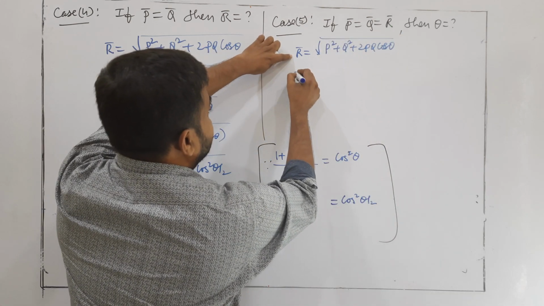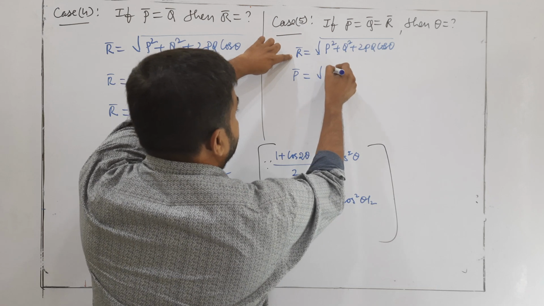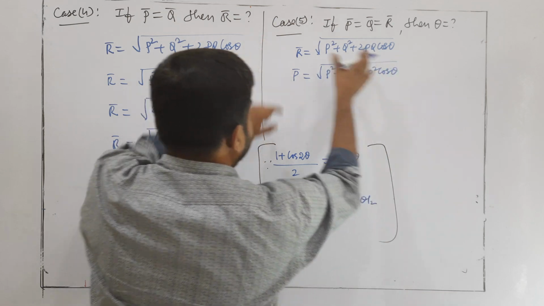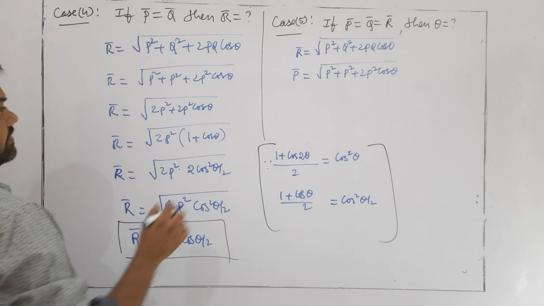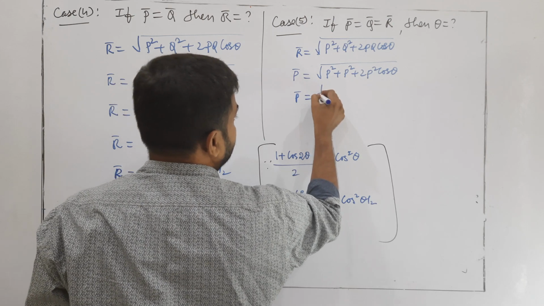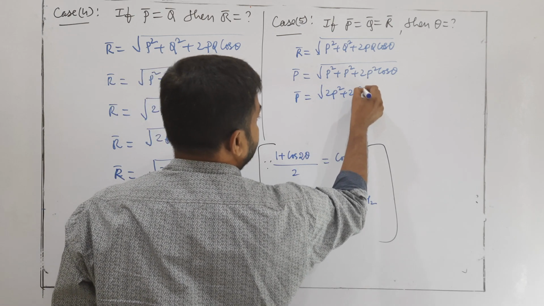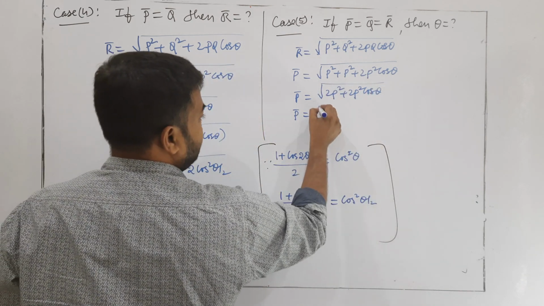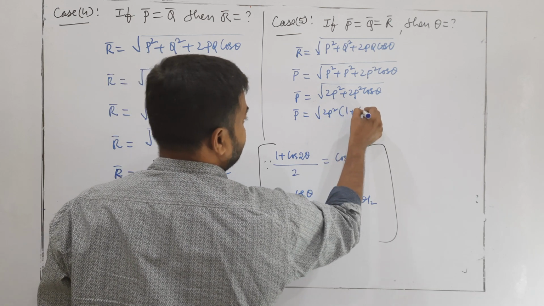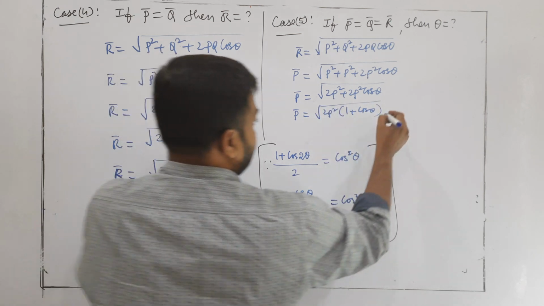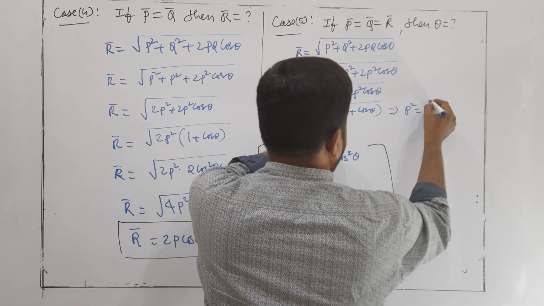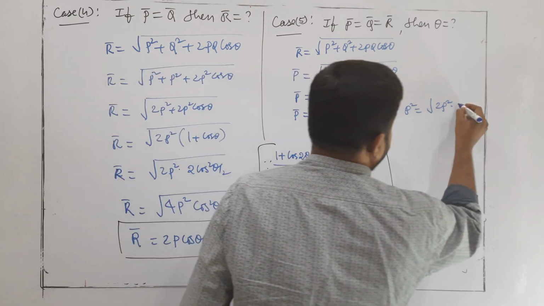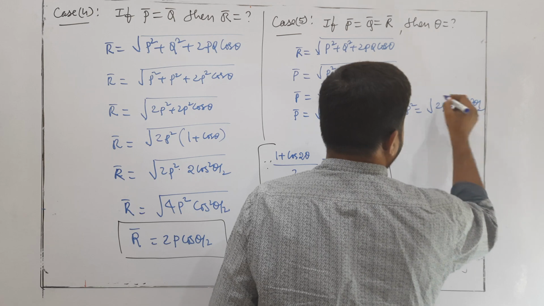Let's do one thing, write this as p: p is equal to root of p square plus p square plus 2p square cos theta. We write the same as what we wrote before, except in the place of r we also write p. Therefore p is equal to root of 2p square plus 2p square cos theta. Finally, taking 2p square common, 1 plus cos theta, which is 2 cos square theta by 2.